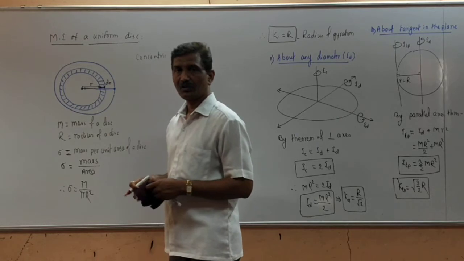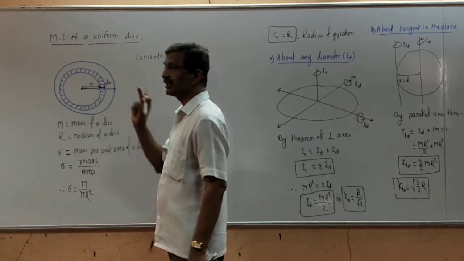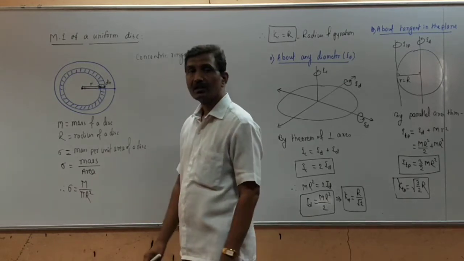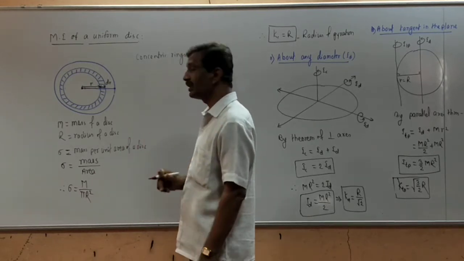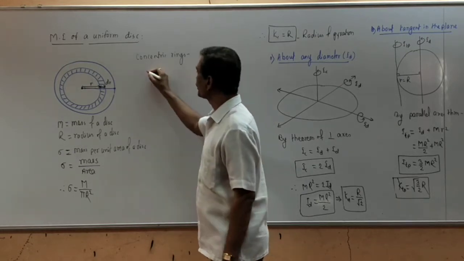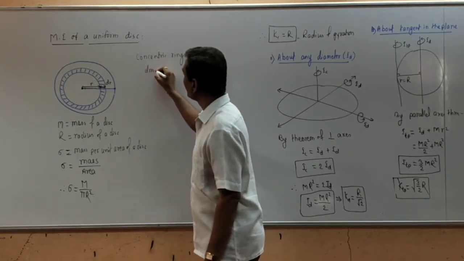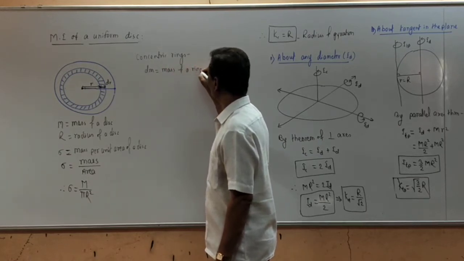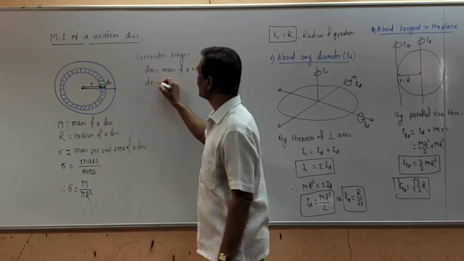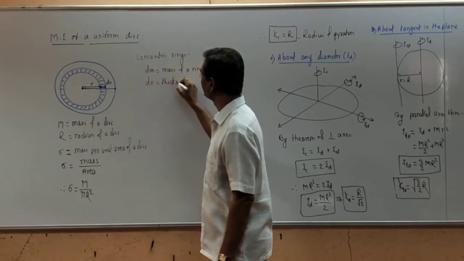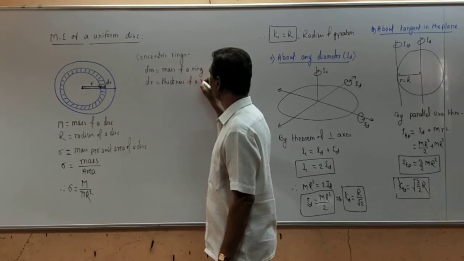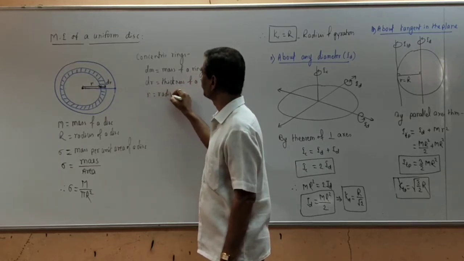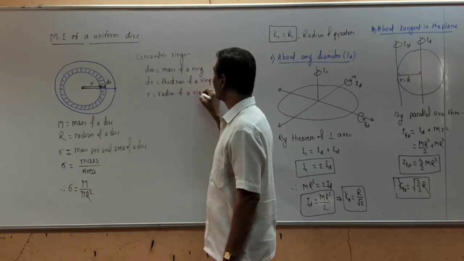Then what is the mass of this ring? To find the mass of the ring, we use the concept of sigma, mass per unit area. We assume dm for the mass of the ring, dr for the thickness of the ring, and r for the radius of the ring which we consider here.